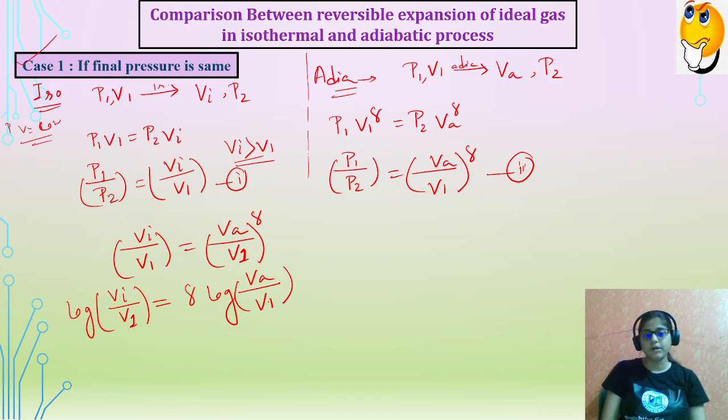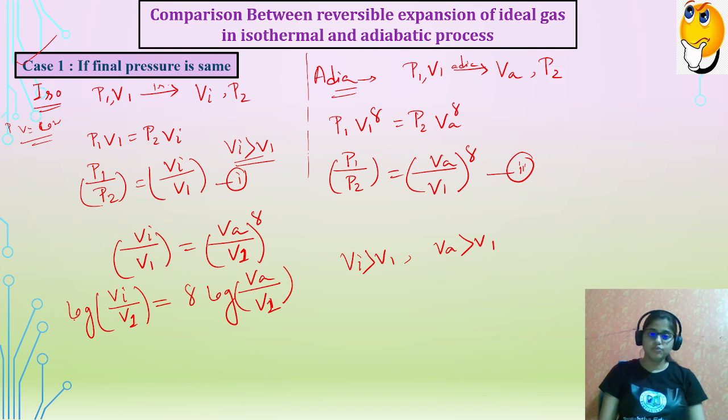Now we have to compare the final volume for these two systems, as the final pressure we know is the same. Vi is greater than V1, we know, and Va is also greater than V1.